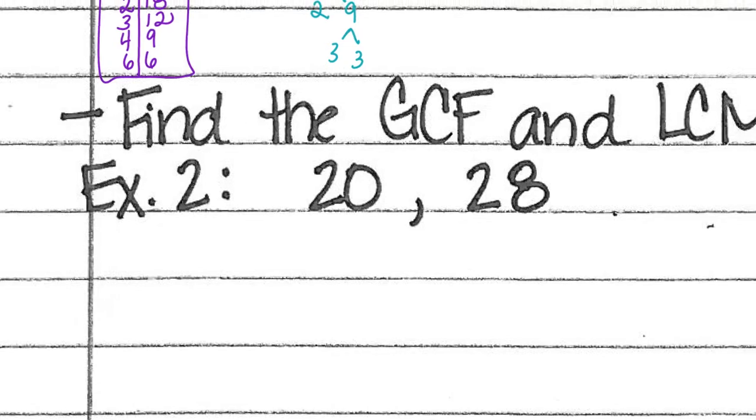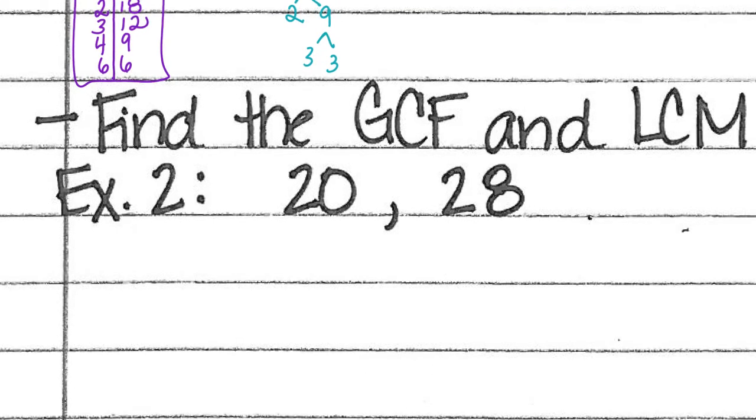All right, so let's work on the GCF and the LCM. For the GCF and the LCM, we are actually going to break down the prime factorization. So if I started with 20, I would have 2 and 10, 2 and 5. 28 would be 2 and 14, 2 and 7.